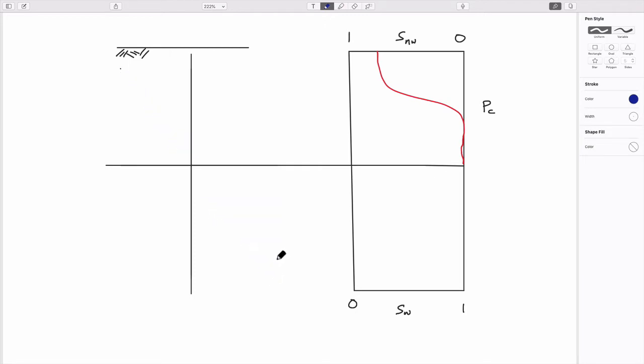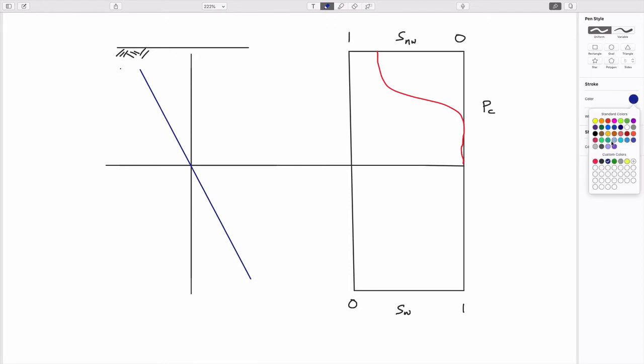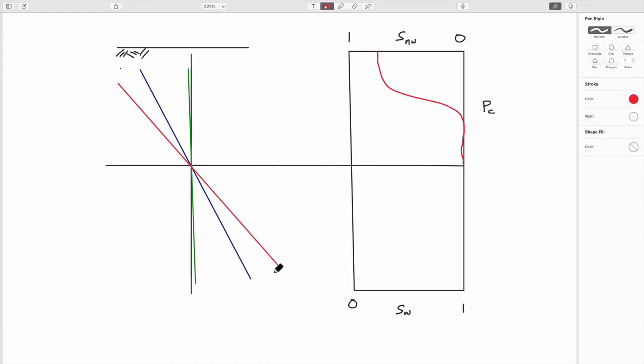Too steep, sorry. Green for air. And red for NAPL, I guess denser than water. So this is the deal.